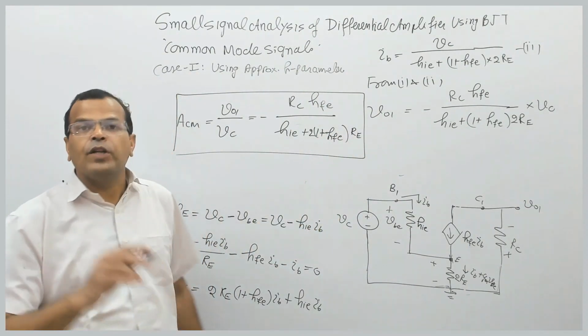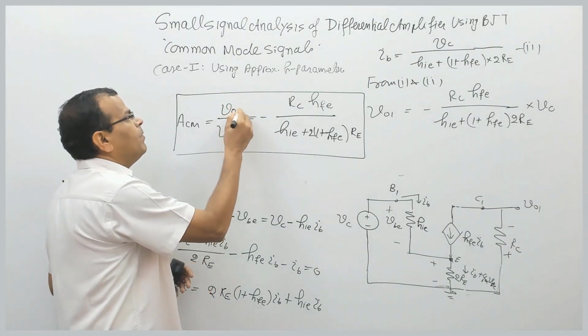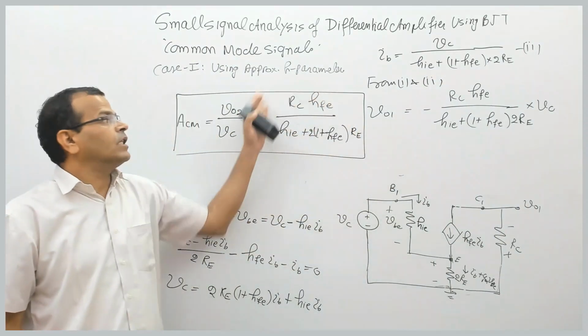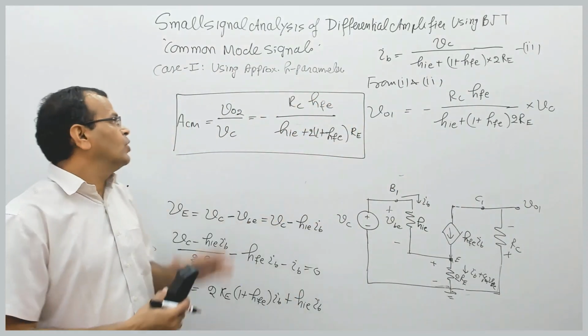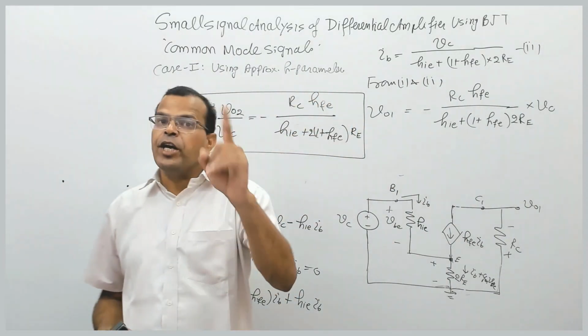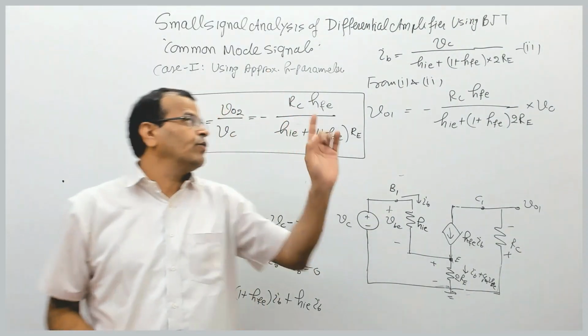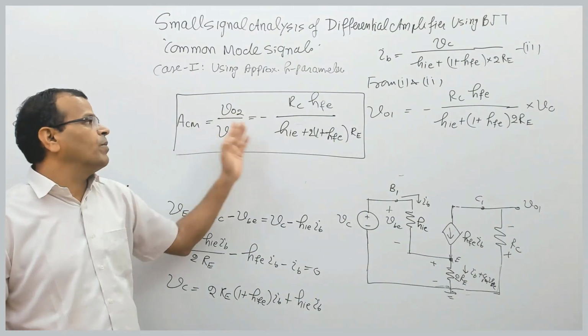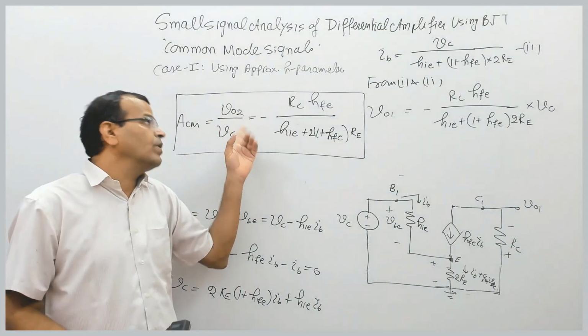But if you take Q2, everything is same because I am using same parameters for transistor Q2 as well. This expression will remain same. So common mode gain for individual output from Q1 and Q2 will be this. When you take output from Q2, this is common mode gain. When you take output from Q1, this is the gain.